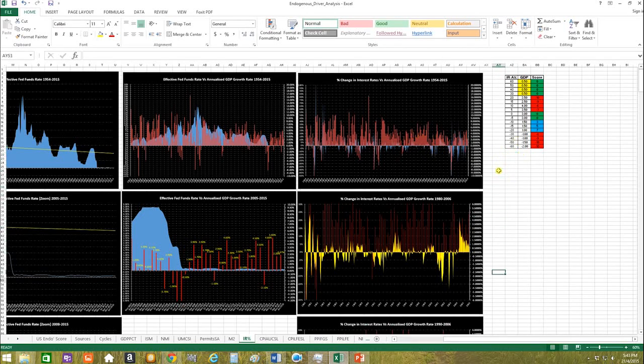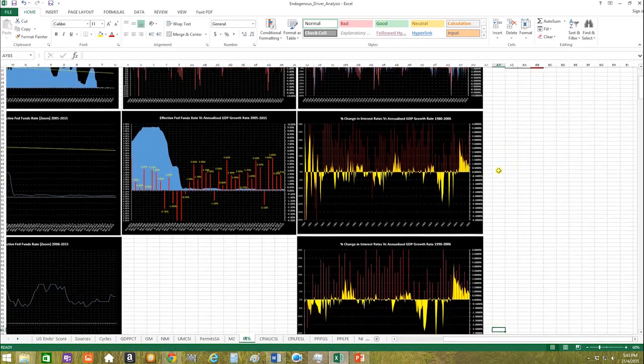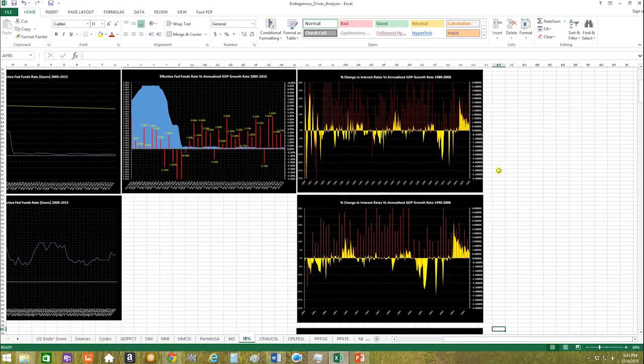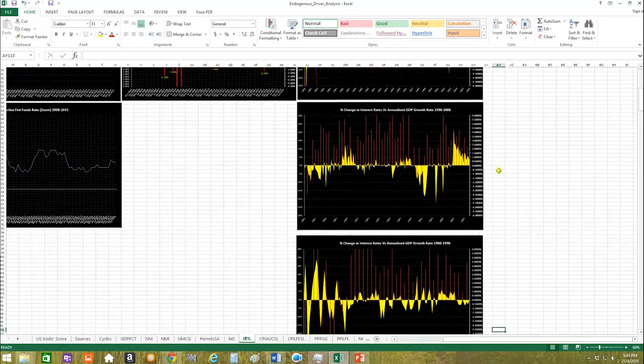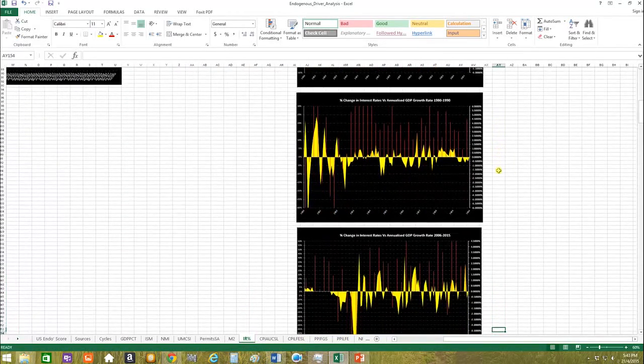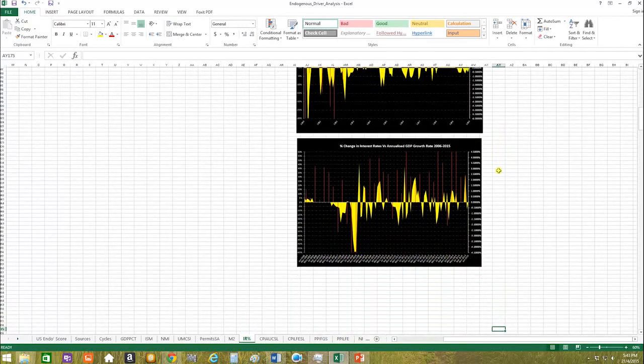And we actually zoom into this data as well on further charts. So we look at periods like 1980 to 2006 when interest rates were decreasing rapidly. We zoom in further, 1990 to 2006. We look at the period 1980 to 1990 as well.